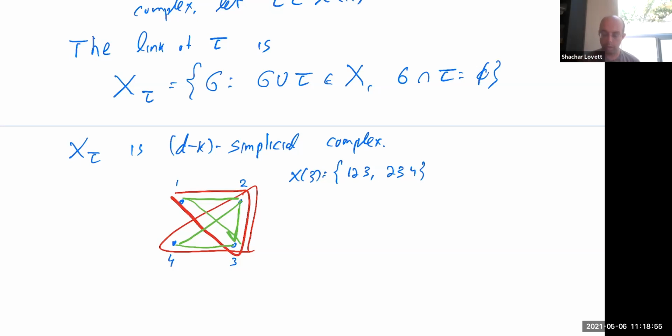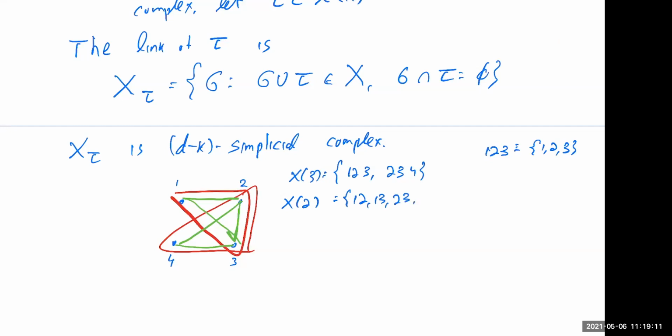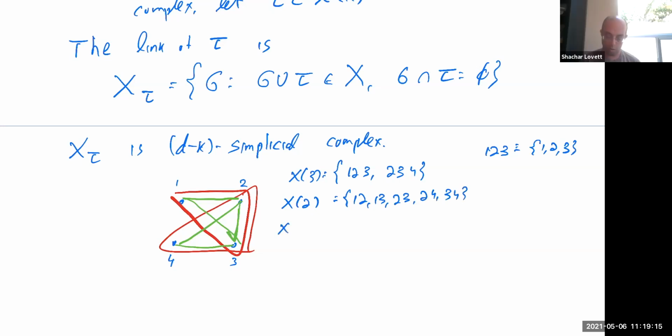When I write 123, I will always just mean the same as the set {1,2,3}, just so it's easier to write. We'll do the same thing in the notes. X_2 here, all the sets contained inside: 12, 13, 23, 24, 34. X_1 is going to be 1, 2, 3, 4.